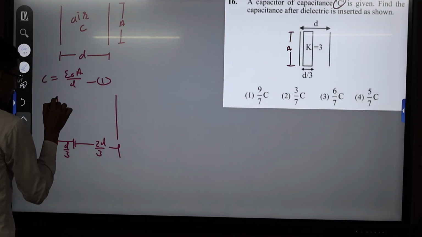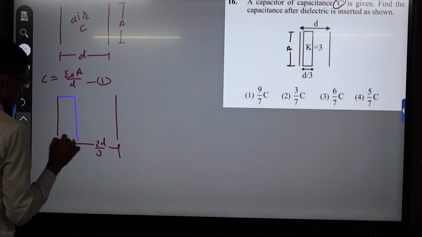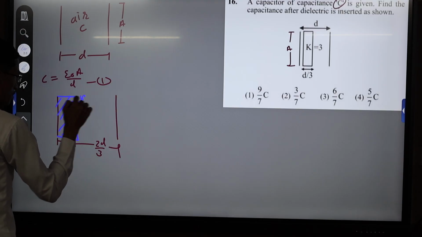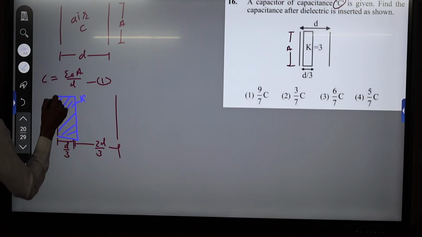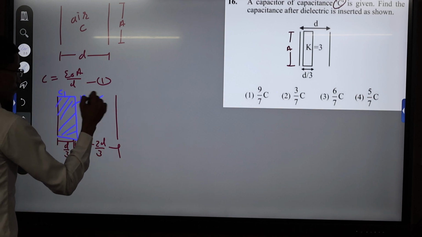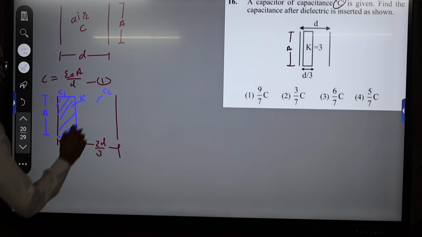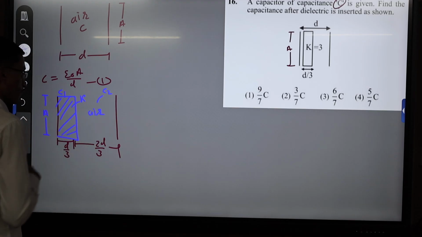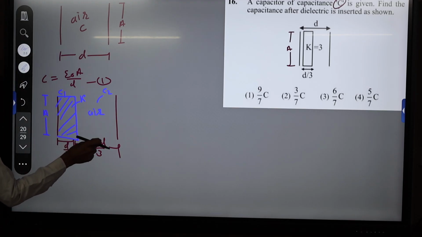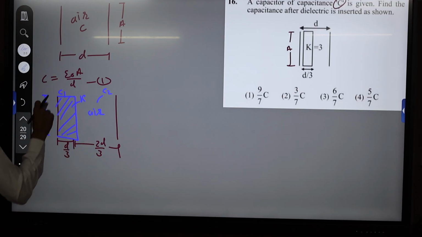We put the dielectric of dielectric constant K. So we can say that this is capacitance C1 and this is capacitance C2. C1 has thickness d by 3, area A, and dielectric constant K. And the other capacitor is made of air, the distance between the plates is 2d by 3 and the area is the same. So first write C1 and C2 separately.